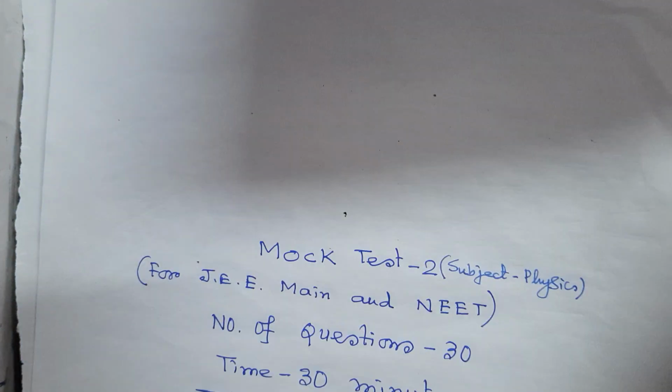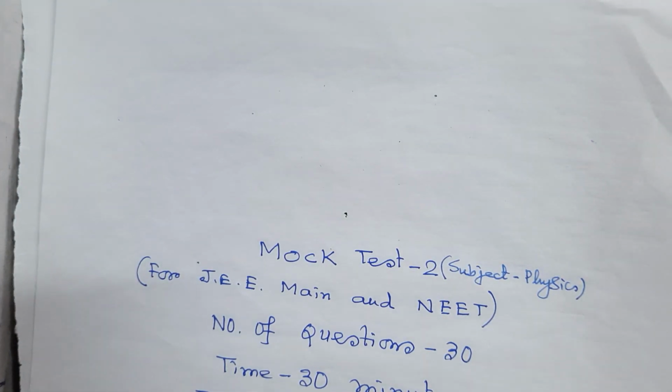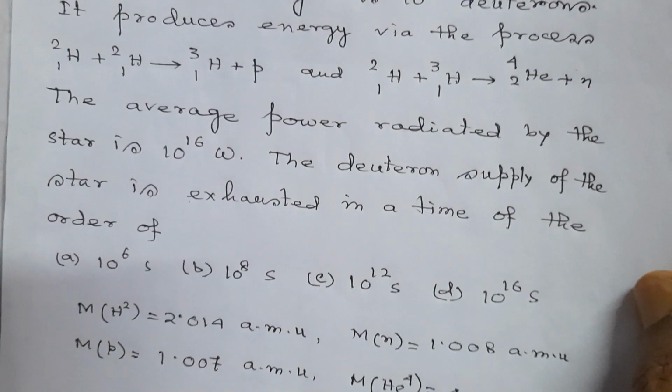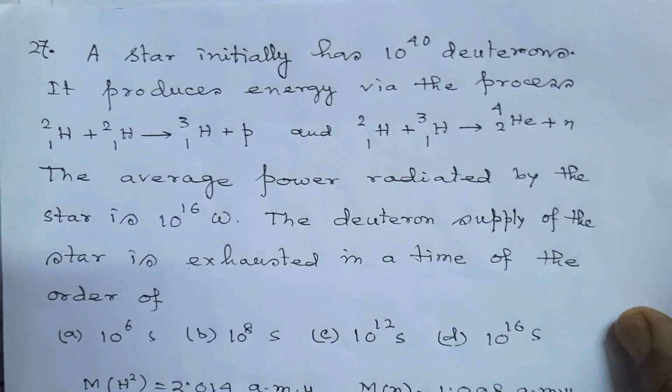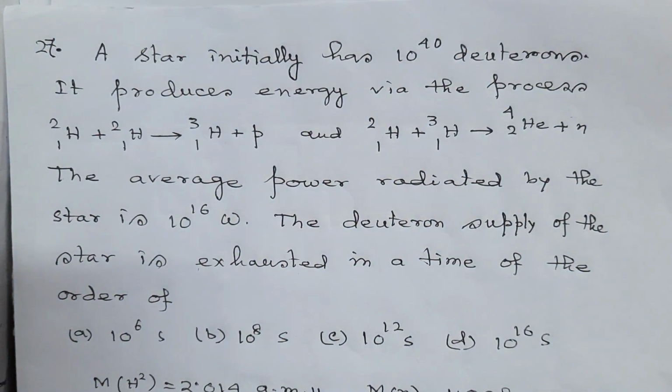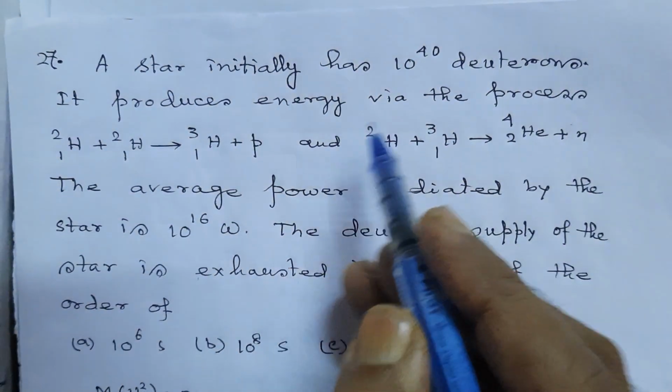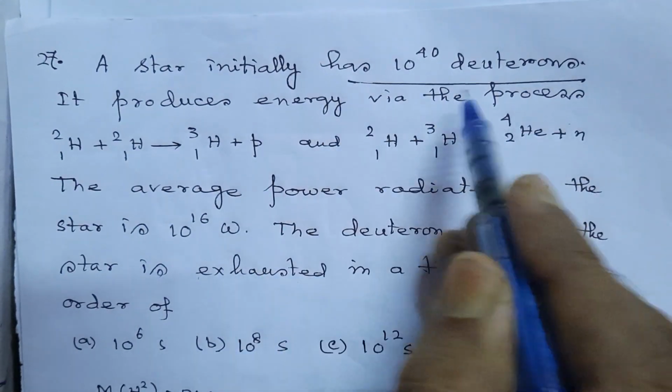Now let us switch over to question number 27. It is a basic question from nuclear physics. A star initially has 10 to the power 40 deuterons.